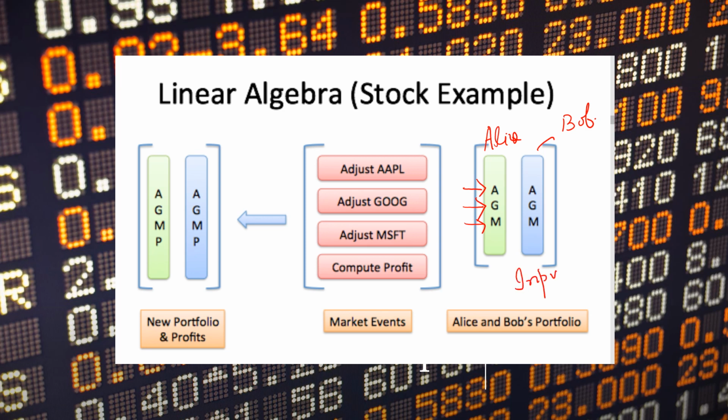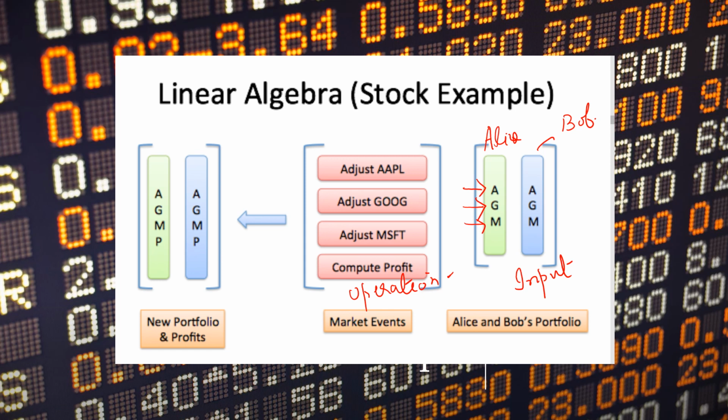So I use my input matrix and use this operation matrix. The operation matrix is nothing but the adjusted value for AAPL, adjusted value for Google, adjusted value for Microsoft, and then I also have to compute a profit-loss equation.